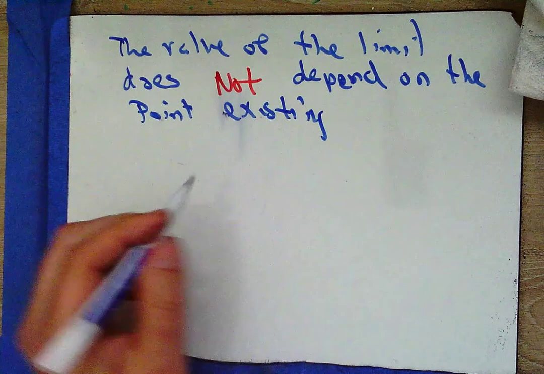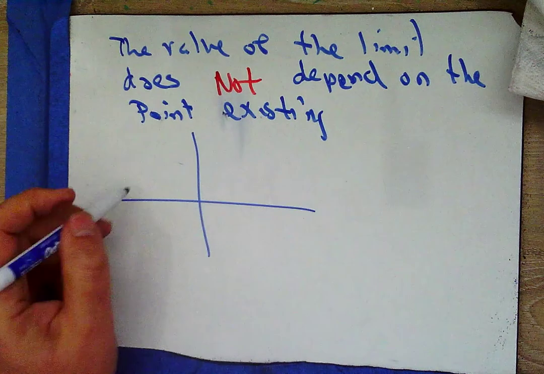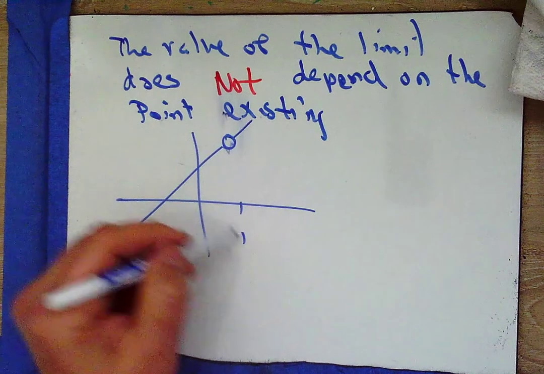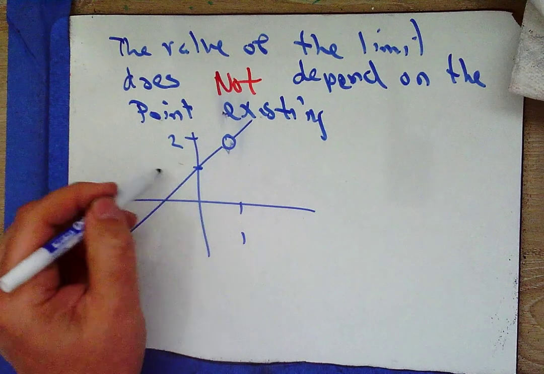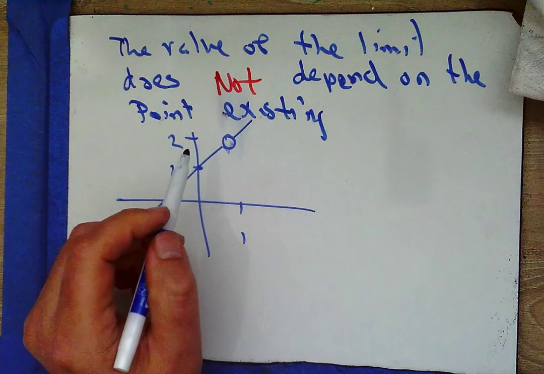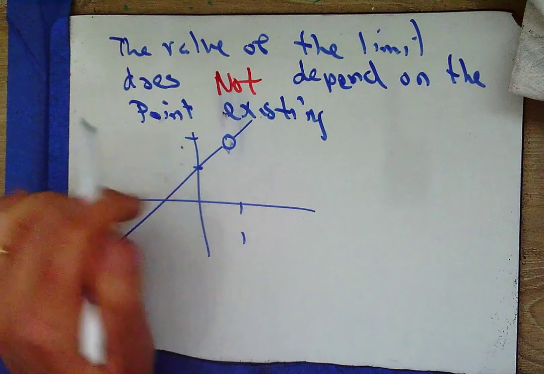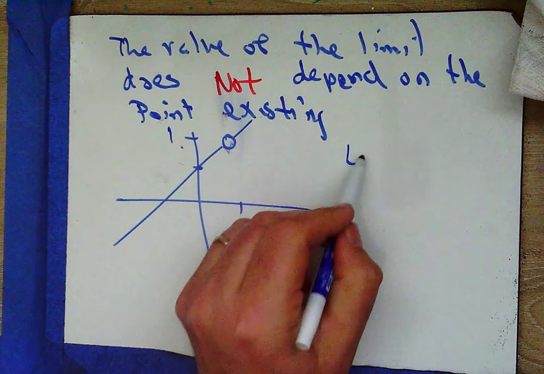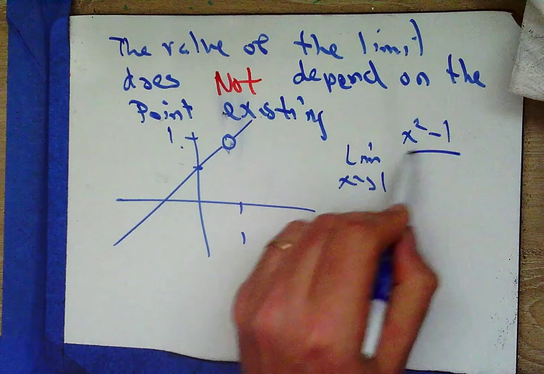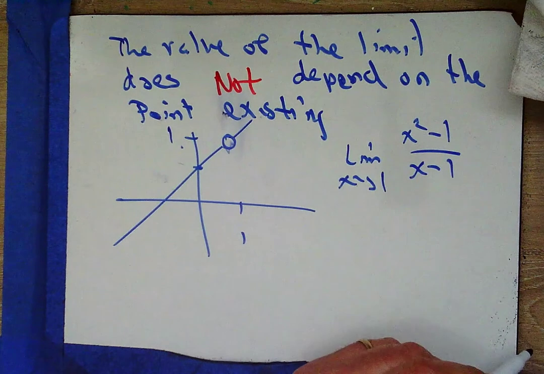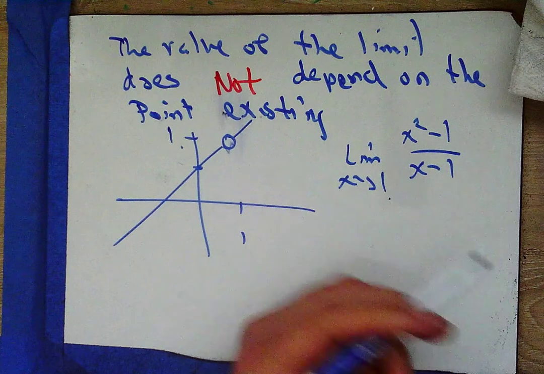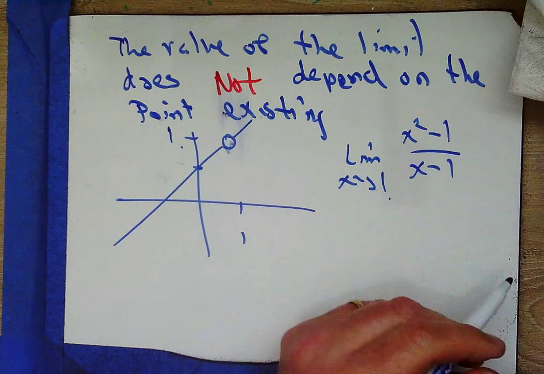Okay, and so for example, if I have this situation, let's look at the limit as x approaches 1 of x squared minus 1 over x minus 1. Okay, so if I plug in a 1, I get 0 over 0. It's an indeterminate form. Doesn't help me figure out the limit.